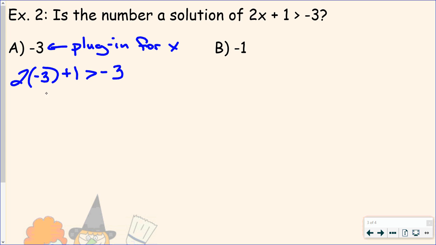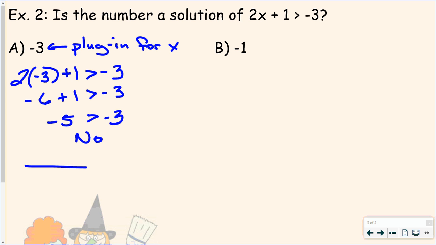PEMDAS says multiply first. So that gives us negative 6 plus 1 is greater than negative 3. Negative 6 plus 1 is negative 5. So is negative 5 greater than negative 3? And the answer is no. Remember, negative numbers are backwards from positive numbers.